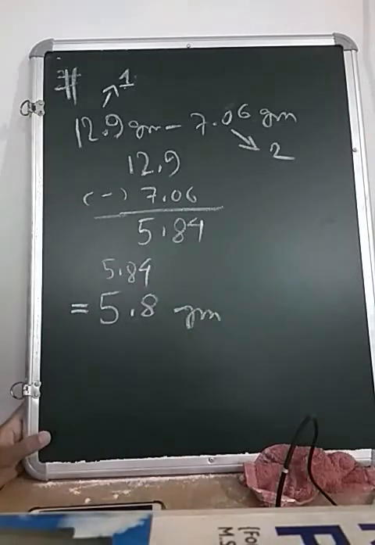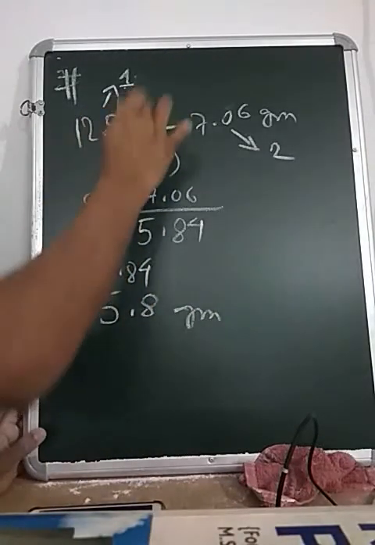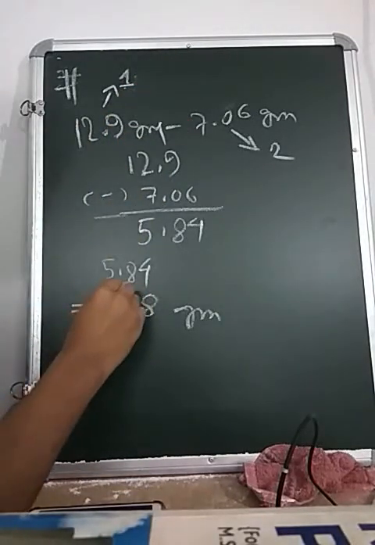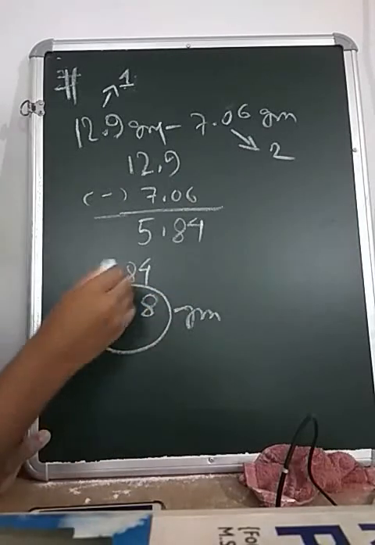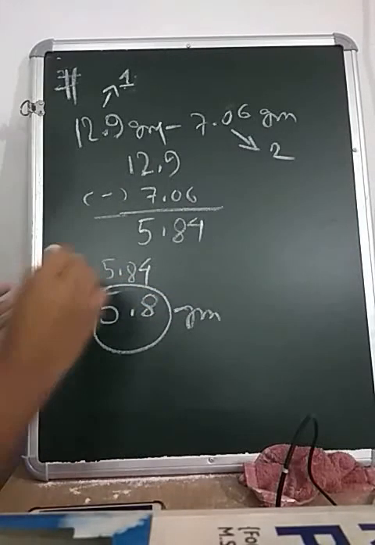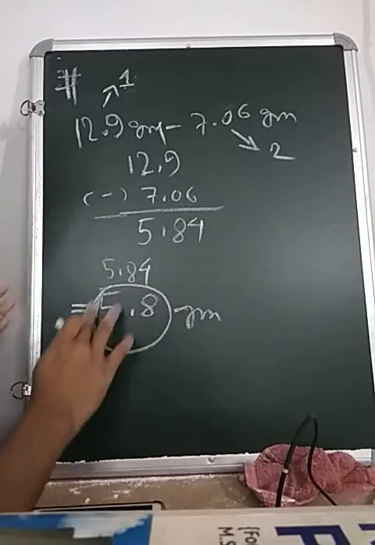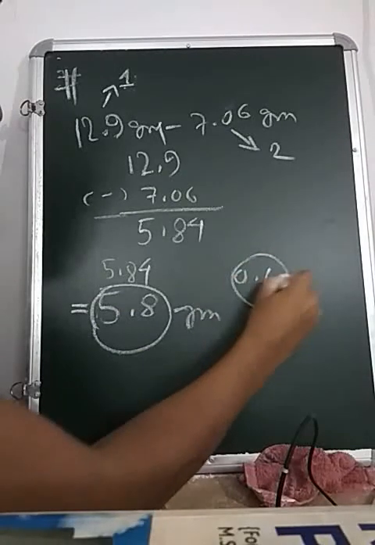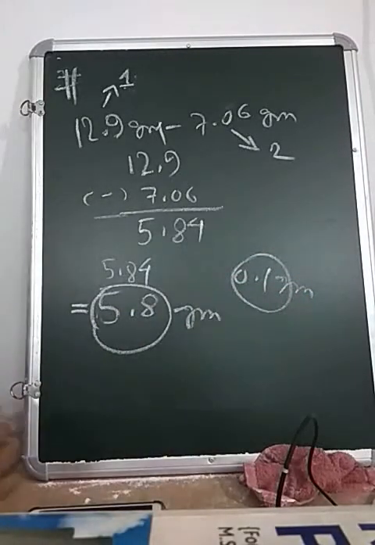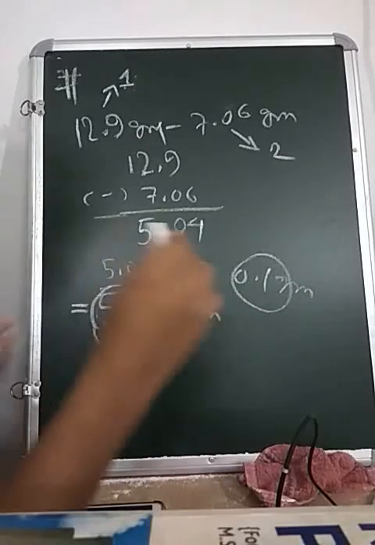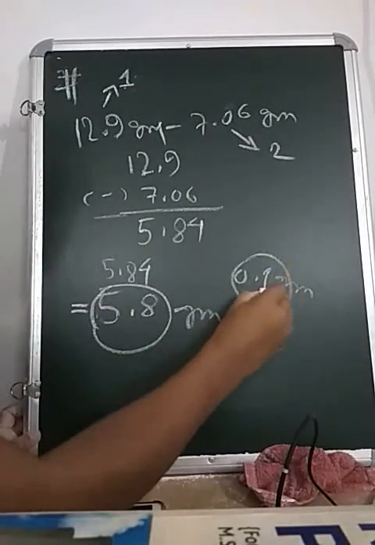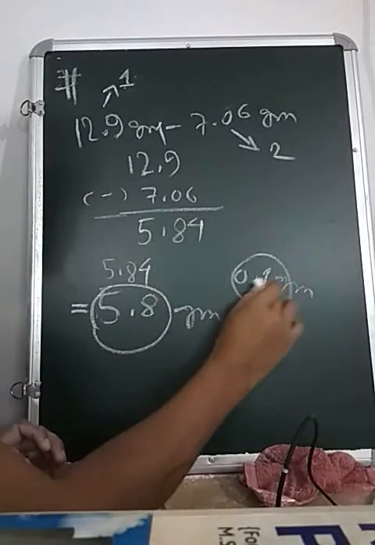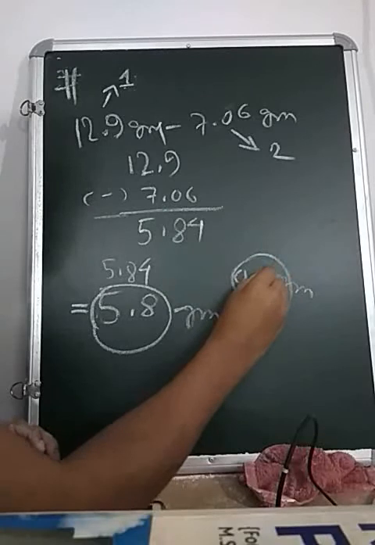So from here we can say that we cannot get the final result more precise than 0.1 gram. In the final result we get precision up to 0.1 gram, and we cannot get precision below this.